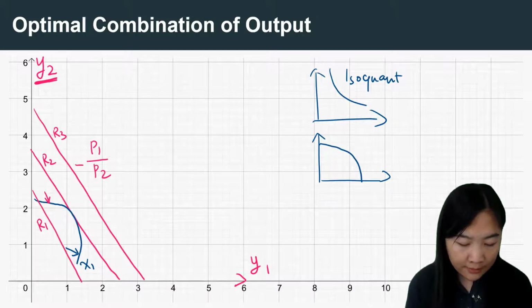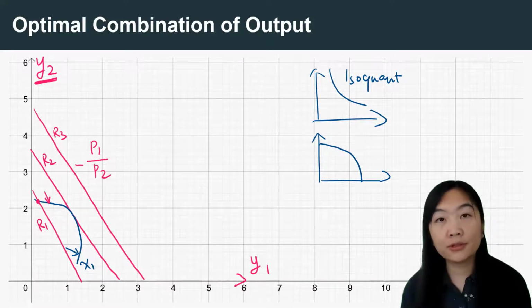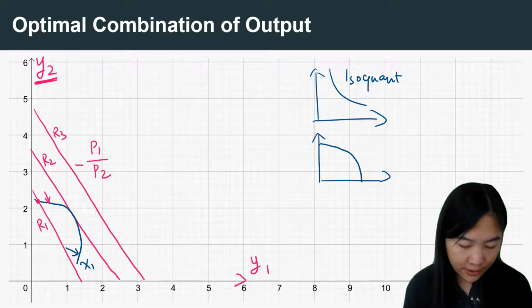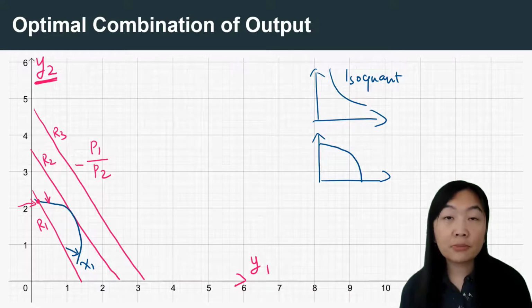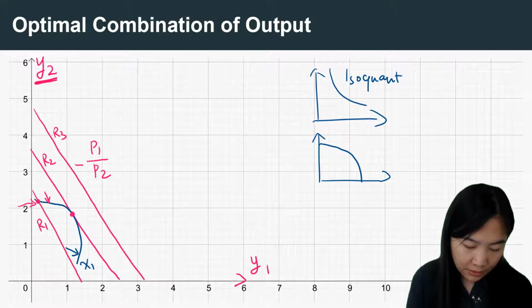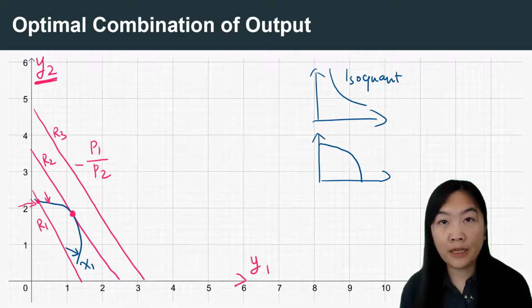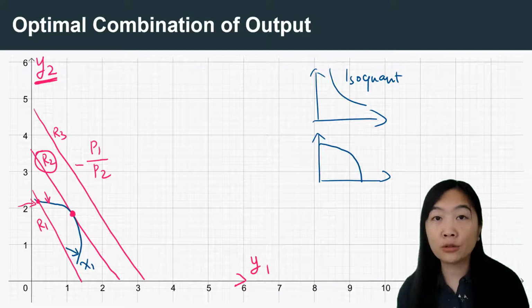At revenue 1, with the input level of X1, can the producer get R1? Yes, at this point I just wrote here. However, the producer can get an even larger revenue at this point. So with the same level of X1, the producer is actually able to get a larger revenue, R2.